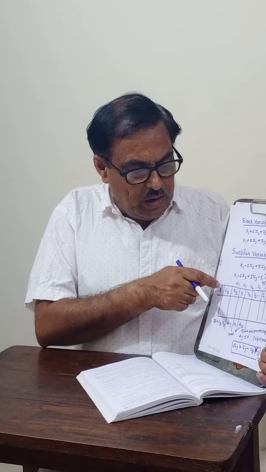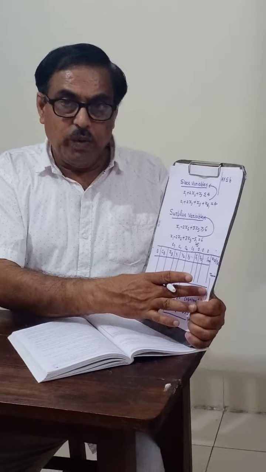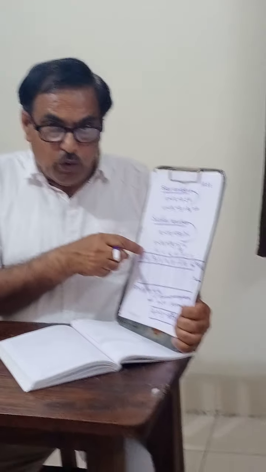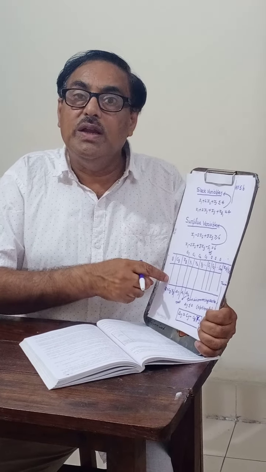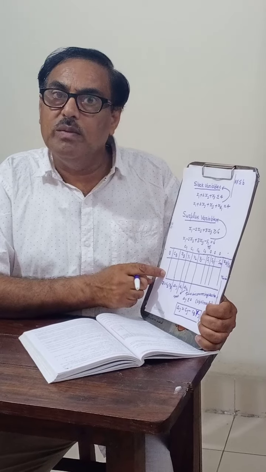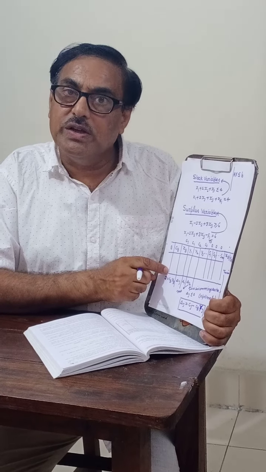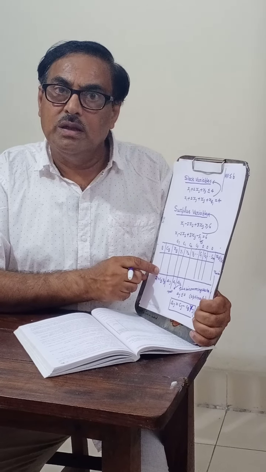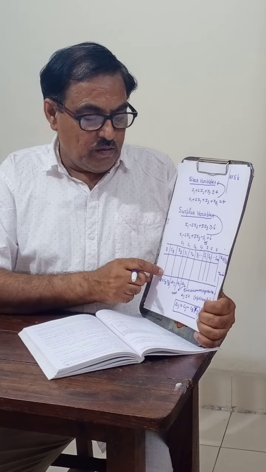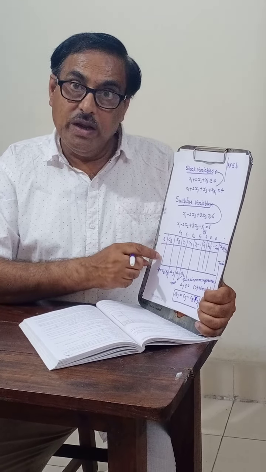Construction of the starting simplex table. See here, we form a table. In the first column we write the basic variables, which form the basis in the constraints.